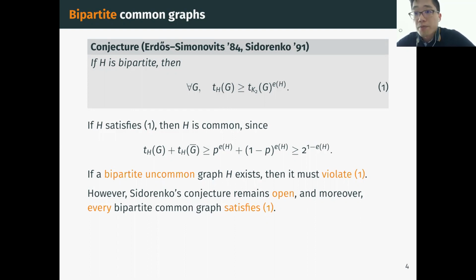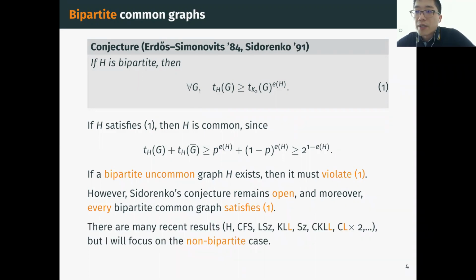Yeah, so it would be interesting to see if there's an example bipartite graph that's common but not known to satisfy Sidorenko's conjecture. But no such example exists so far. And there are many recent results, some of them due to myself with colleagues, but let me just focus on the non-bipartite case for this talk.